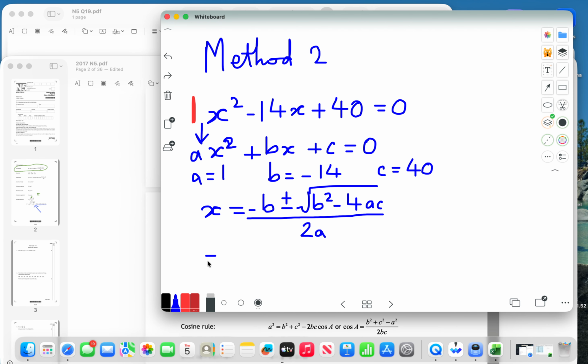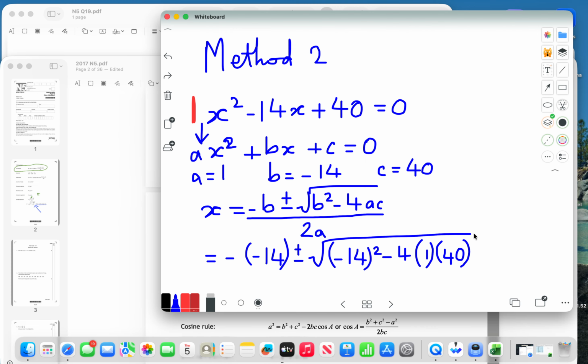So we want to start substituting. So minus 14 plus or minus 14 squared take away 4 times 1 times 40, and all of this is divided by 2.